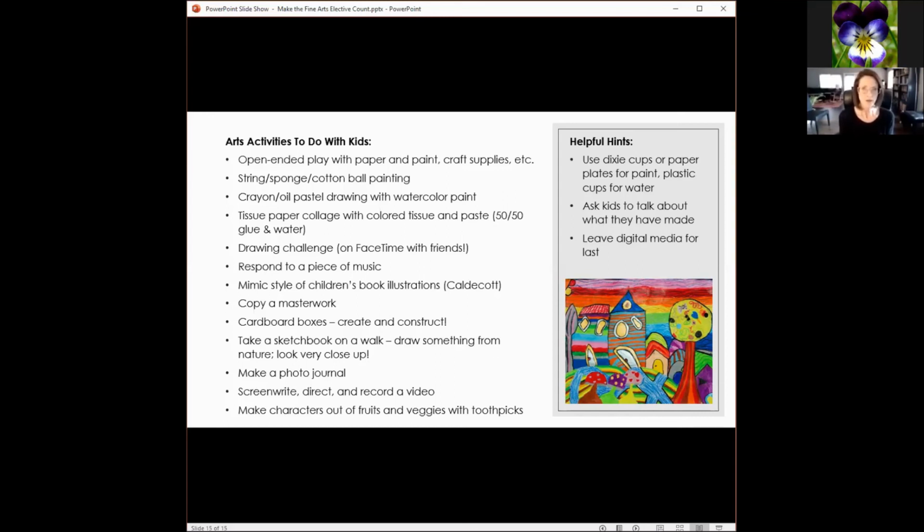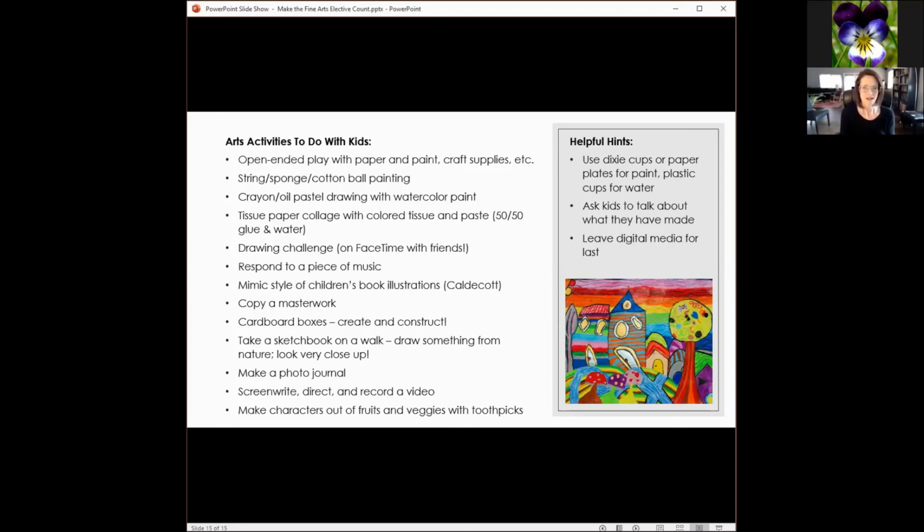Painting with something like a string, like a heavy twine or yarn, like a 12-foot length. 12 foot, that's too long. 12-inch, 1 foot length of string, or a sponge, or a cotton ball, or something that they can dip into some paint and then make a stamp or a print or a design on the paper with.